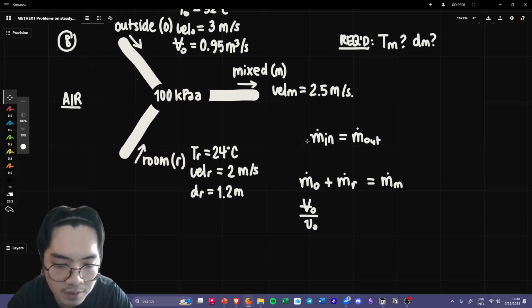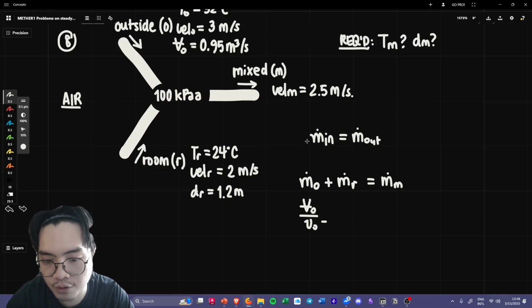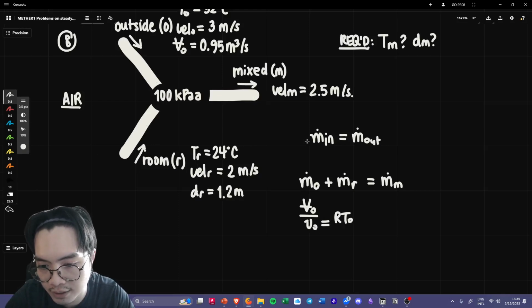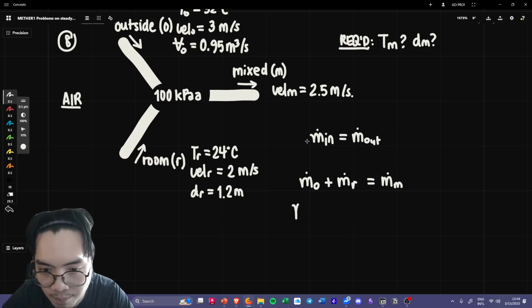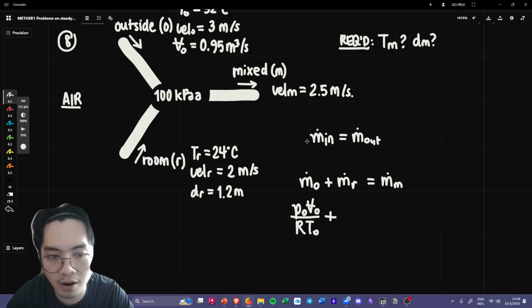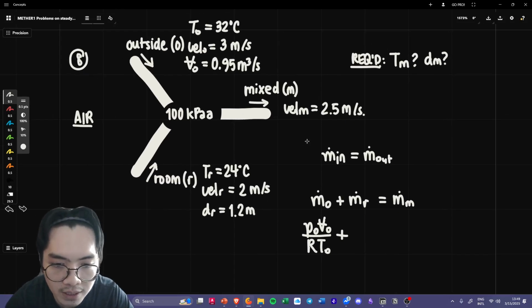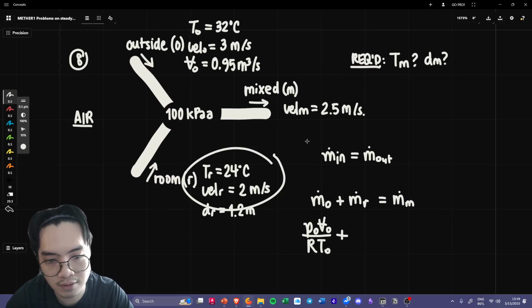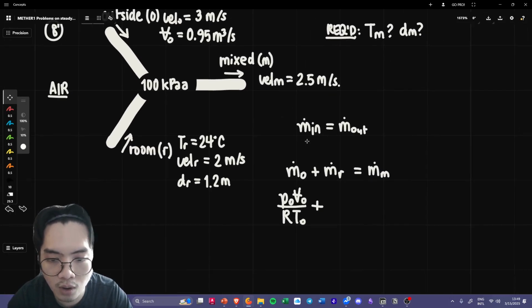And so now this means that your V is equal to RT over P. So we can put all of this into PO VO over RTO, plus your MR. Where is your MR going to be? Well, it's still this one. So how are we going to do that?